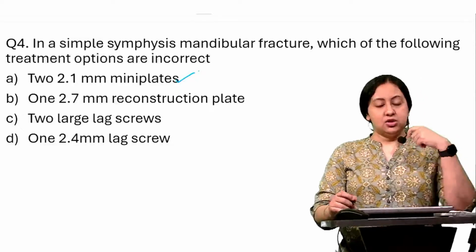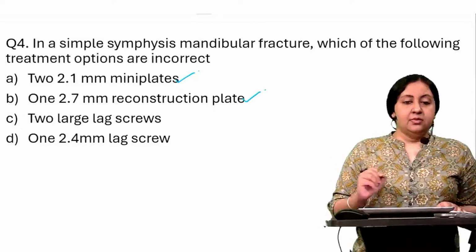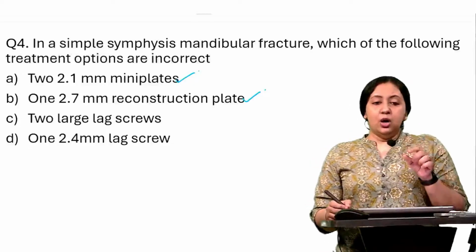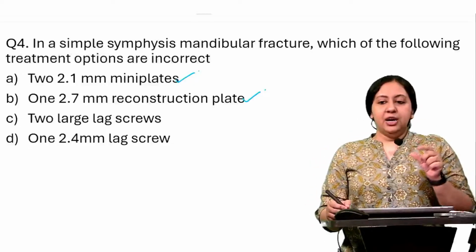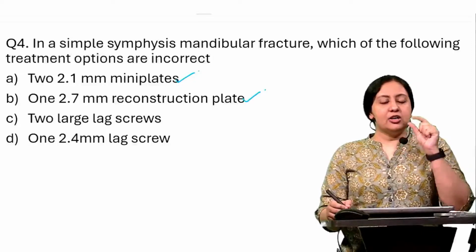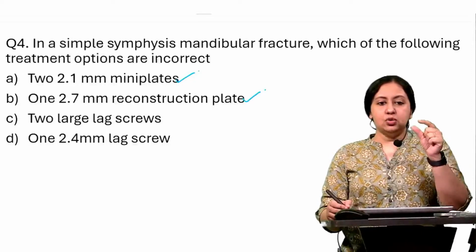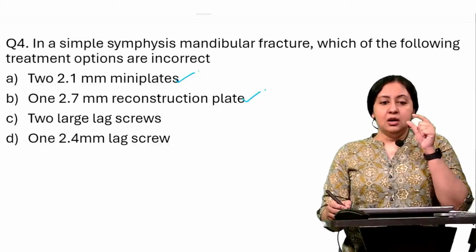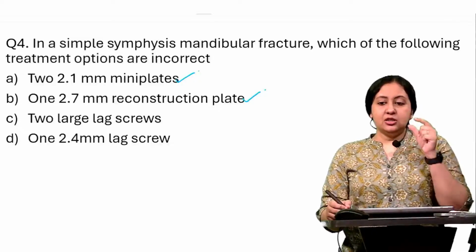Also, when you are using a single recon plate, the profile is such that you are not left with space to use another recon plate, because the dimensions are such and it is so robust.